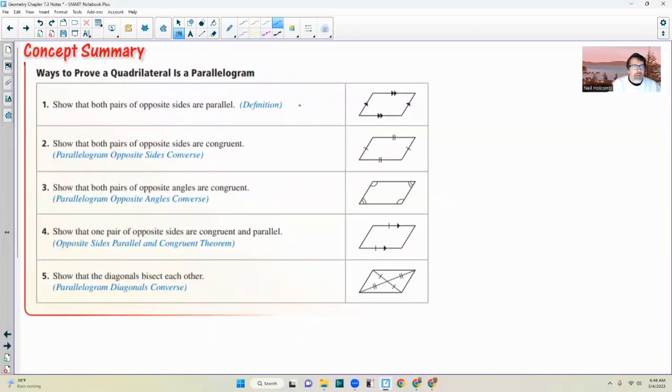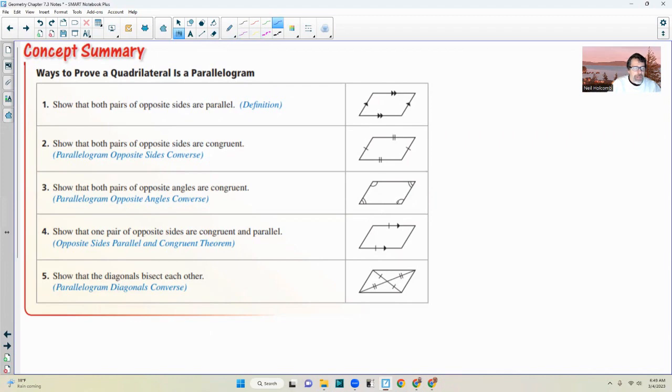Okay, so now we have a concept summary. These are the ways you can prove that a quadrilateral is a parallelogram, all in one nice little table. One, show that both pairs of opposite sides are parallel, and there's the diagram. Two, show that both pairs of opposite sides are congruent. Three, show that both pairs of opposite angles are congruent.